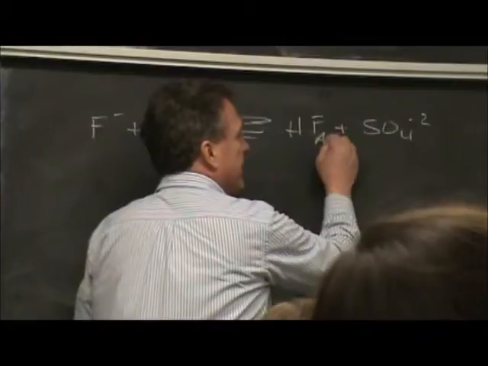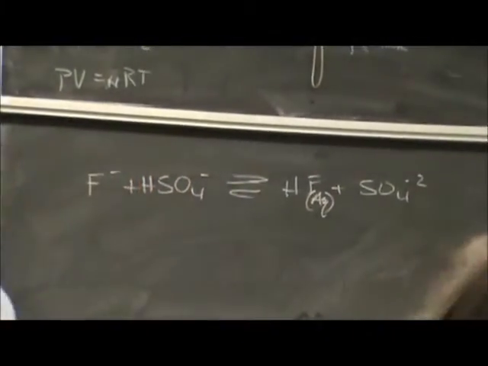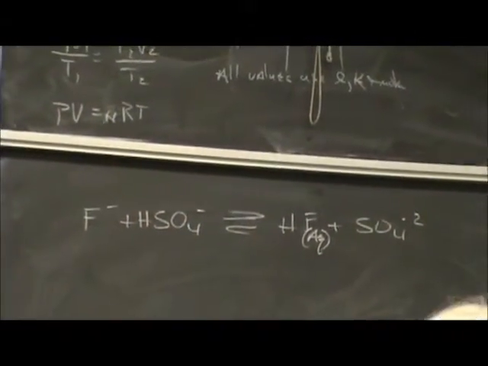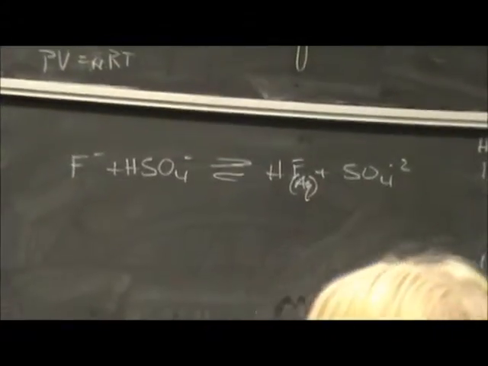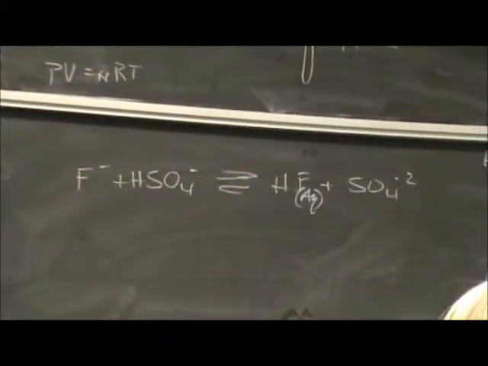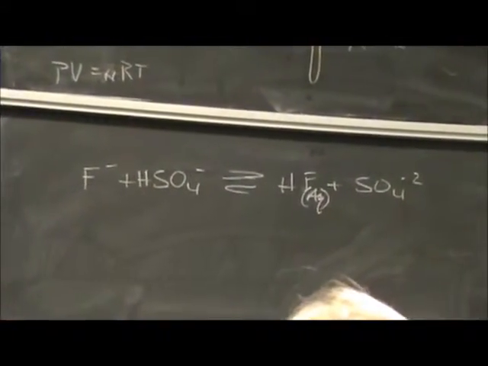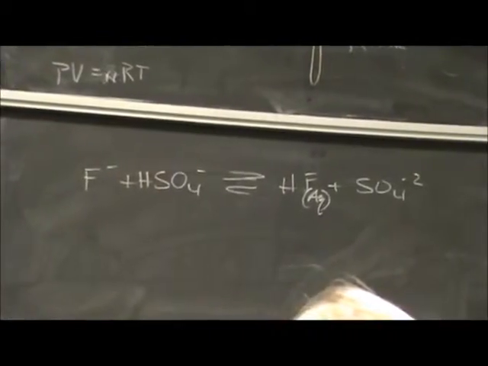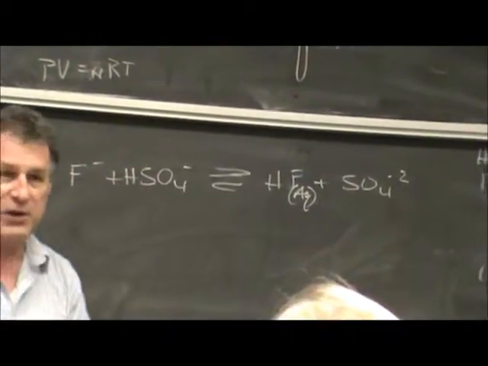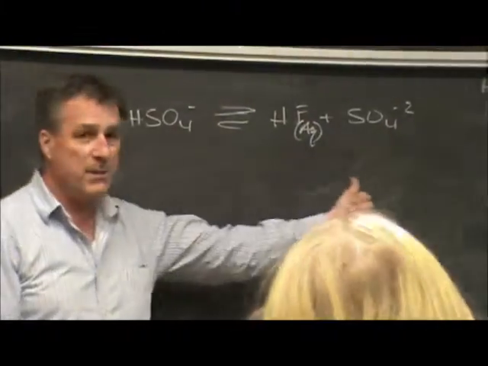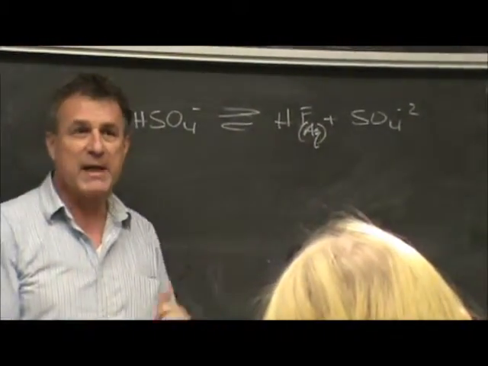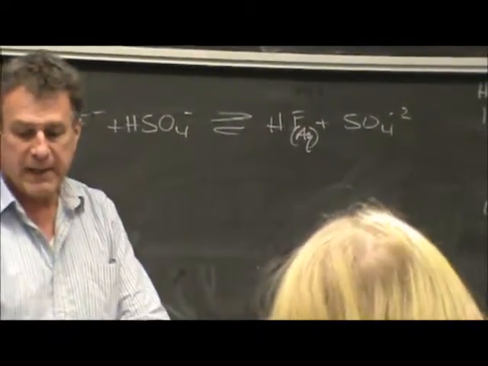Oh, forgot to write that in. When you have neutral molecules, you still need a state symbol, because they can be solid, liquid, gas, and aqueous solution. We still need an aqueous symbol under neutral substances so that we know they're dissolved in water. We're going to make the assumption that all the ions that we write in chemical formulas are in aqueous solution.